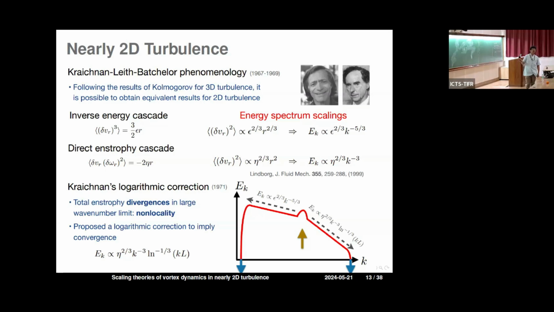And Kraichnan realized there is some problem with the Batchelor scaling of k^(-3). It requires corrections, and he proposed logarithmic corrections, and still found the kinetic energy spectrum goes like k^(-3) with logarithmic corrections. So the whole focus is whether it really shows k^(-3) or more than that.